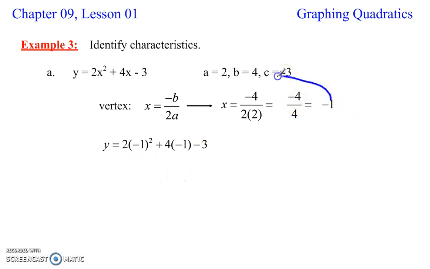Now we can plug that back into our original formula for x, here and here. Okay, that's what we get here. Solve this and we get the y value for the vertex, and it's -5, so we have a vertex of -1 and -5.